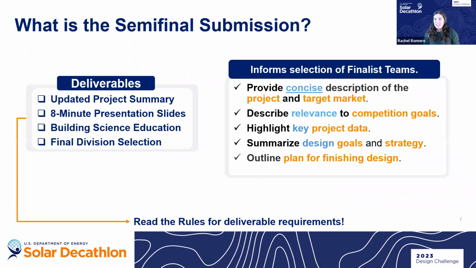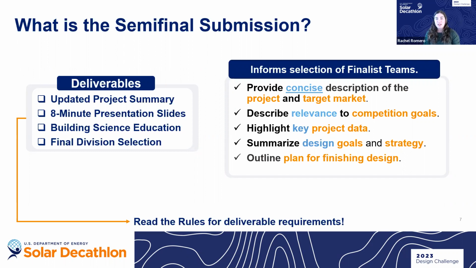All right. So in the semifinal submission, you are going to have an updated project summary. It's really important that you focus on that and have a good, concise description in your project summary. You'll have 8-minute presentation slides, which we'll talk about shortly.